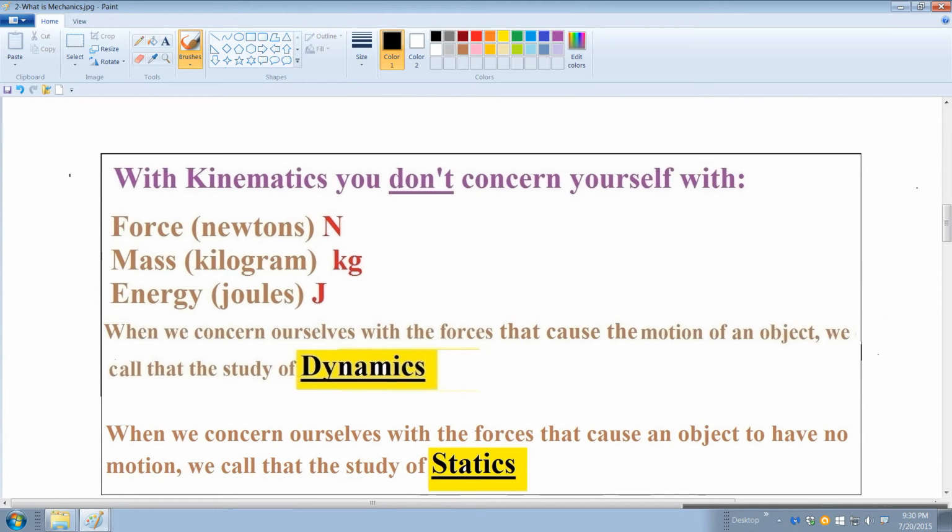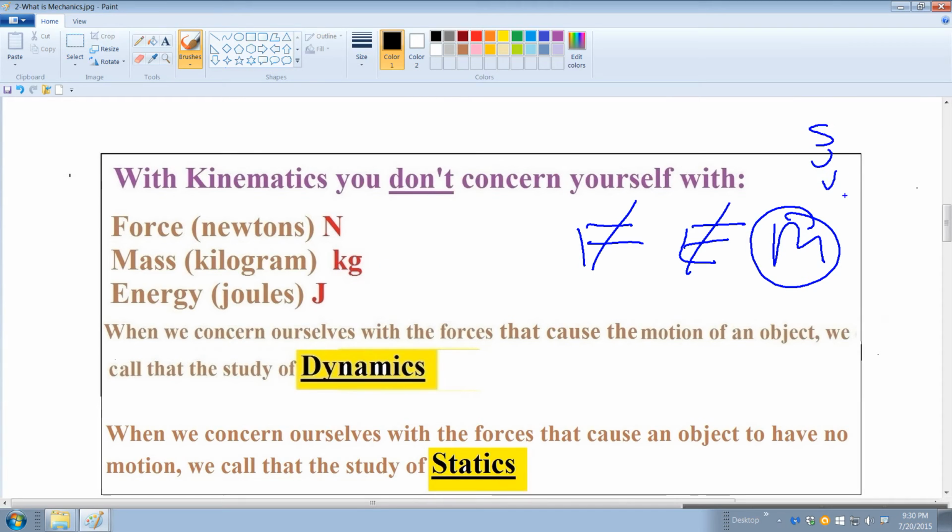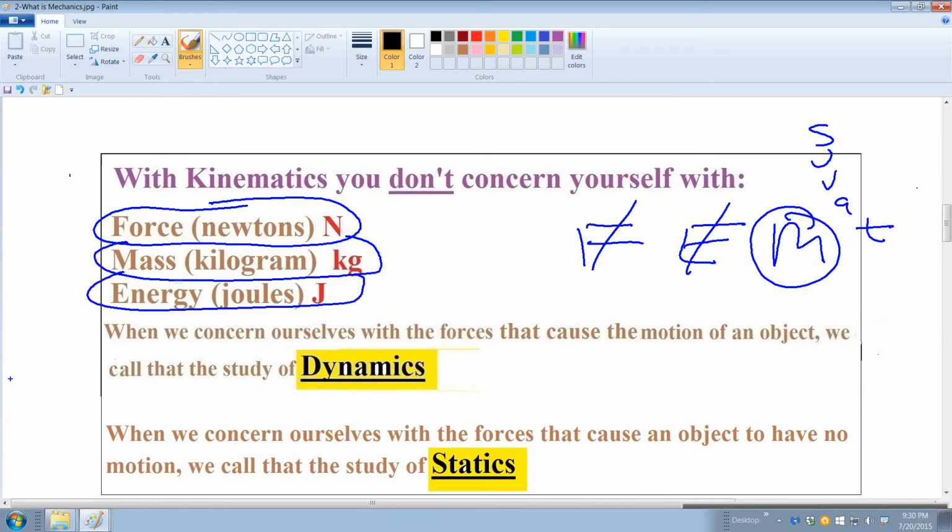So with kinematics, if we're not interested in energy, and we're not interested in force, and we're only interested in motion, which is going to be the SUVAT parameters, then a SUVAT problem will not have force or newtons in it. It won't be involved with mass, and it won't be involved with energy, joules.